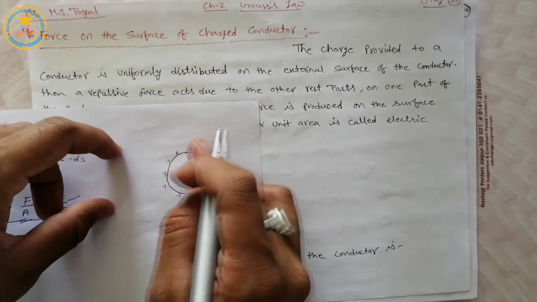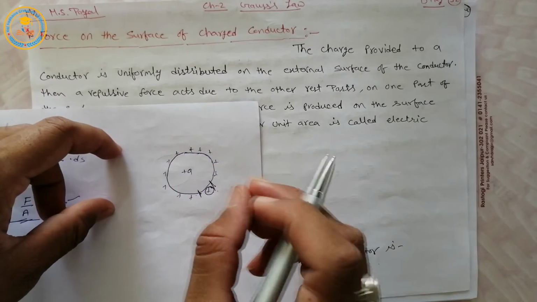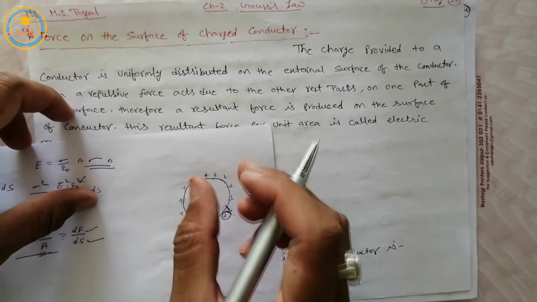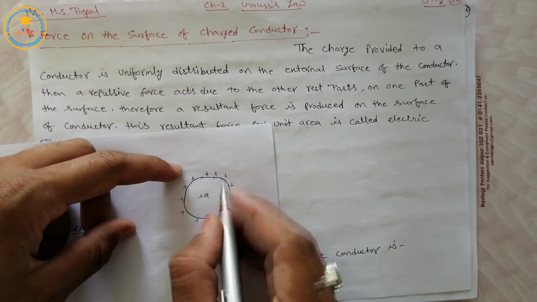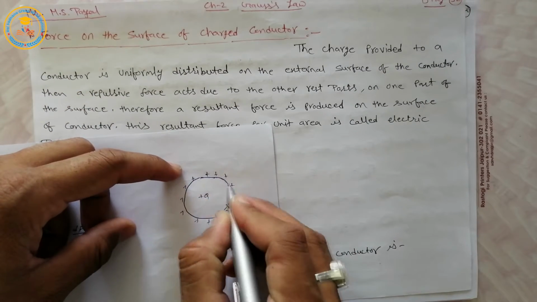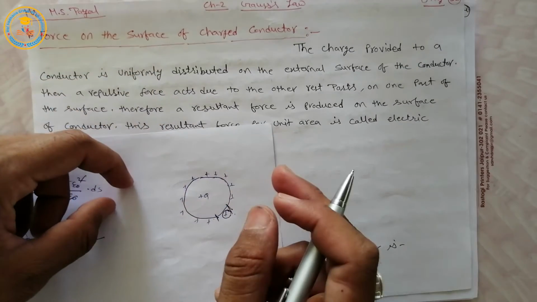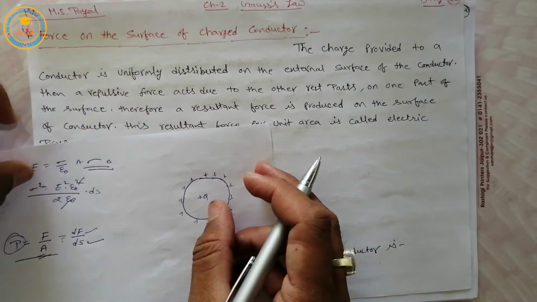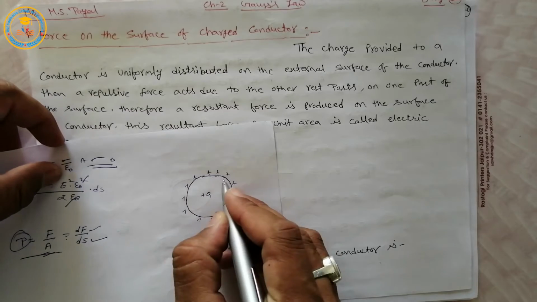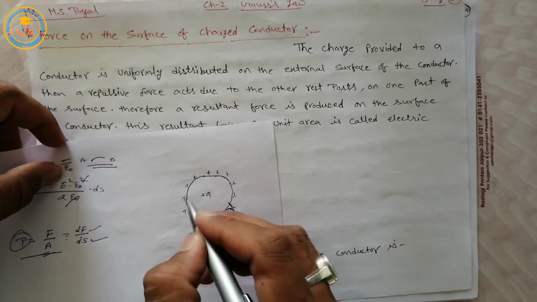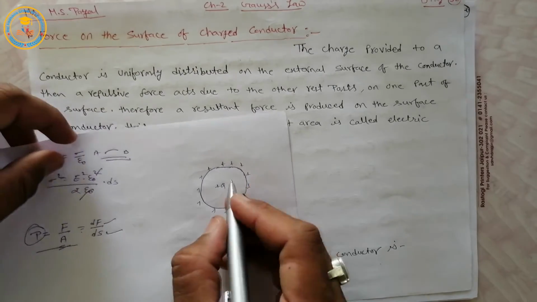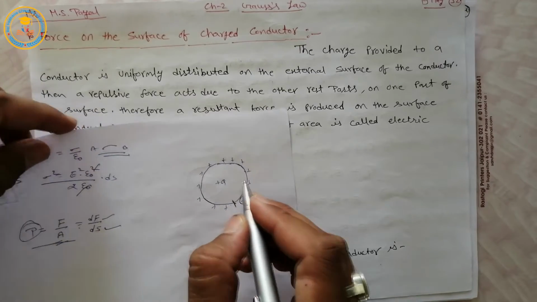This force we determine, and the resultant force on this surface area per unit area is called electric pressure. So firstly we determine this electric force on this surface, otherwise we can say charged conductor.